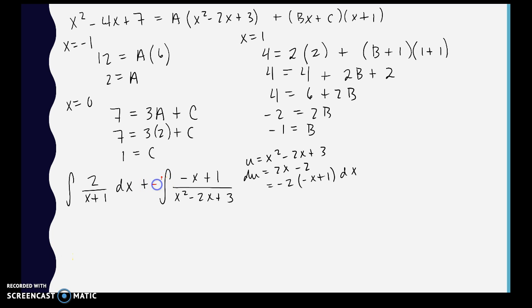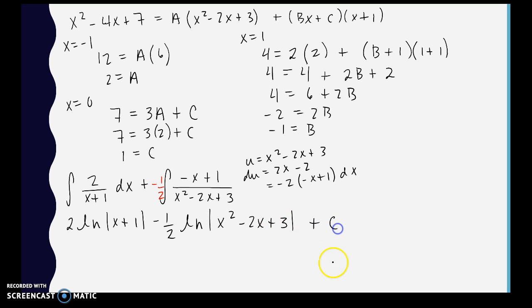So I'm going to put my negative 1/2 out front here. This 2 times the natural log of the absolute value of x plus 1, that's my log rule, minus 1/2, log rule again, natural log, absolute value of x squared minus 2x plus 3, and then all plus c.